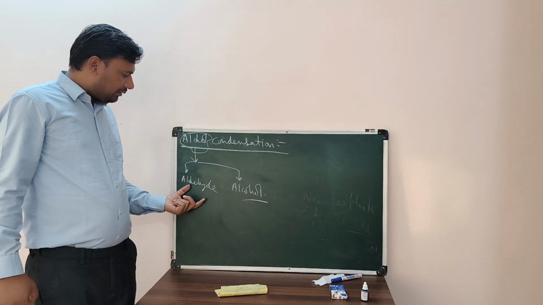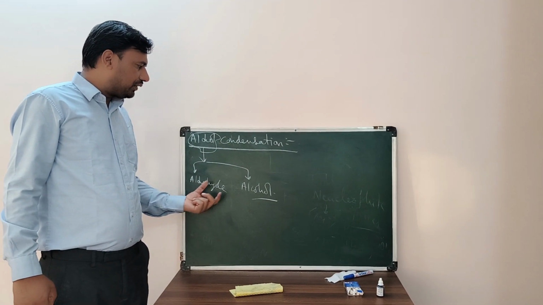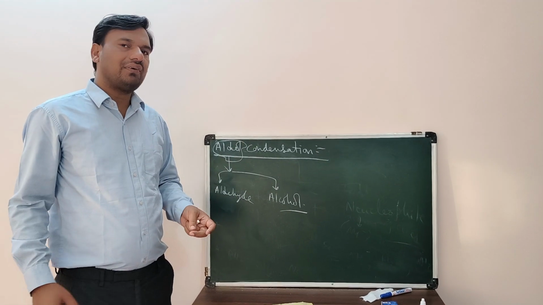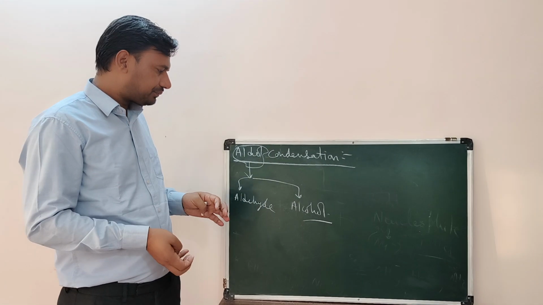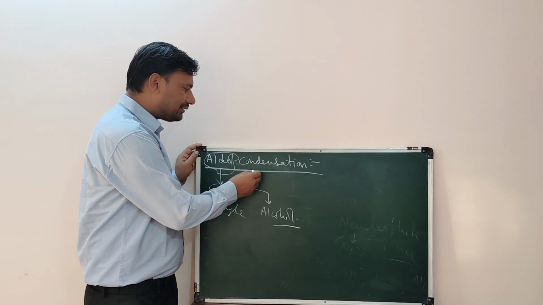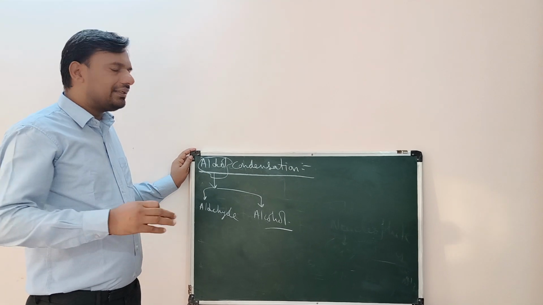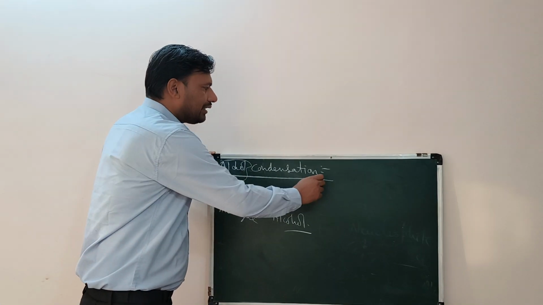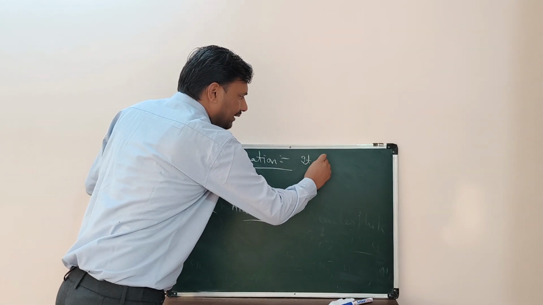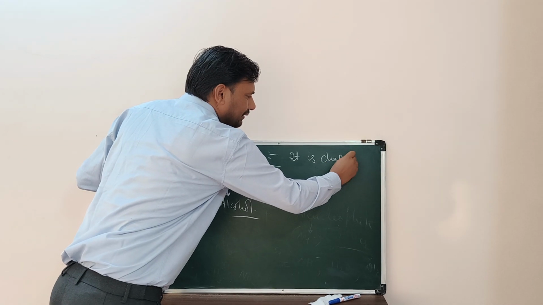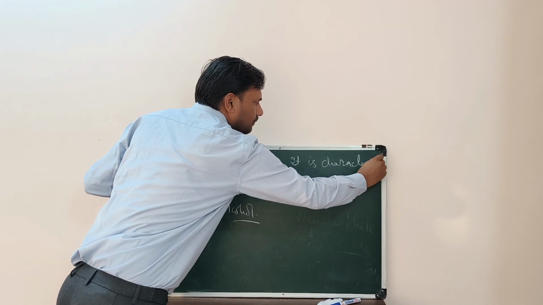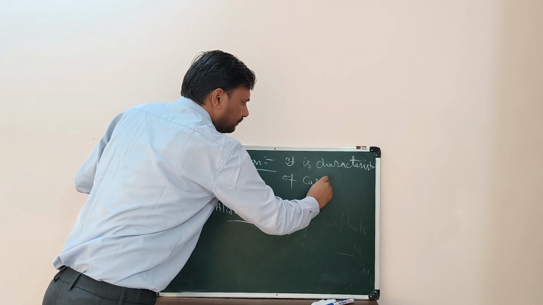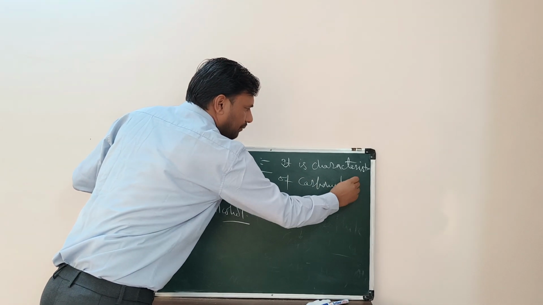Such a molecule which contains both functional groups is called aldol. Condensation means that finally the molecules that are forming release H2O and make dehydrated molecules. The aldol condensation reaction is characteristic of carbonyl compounds.